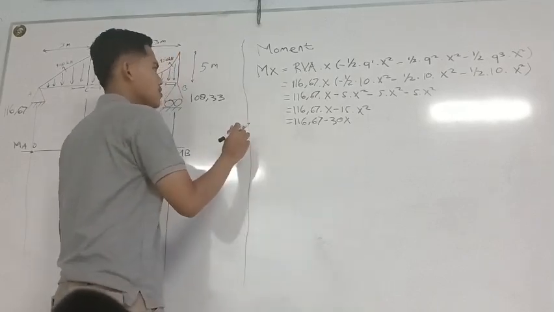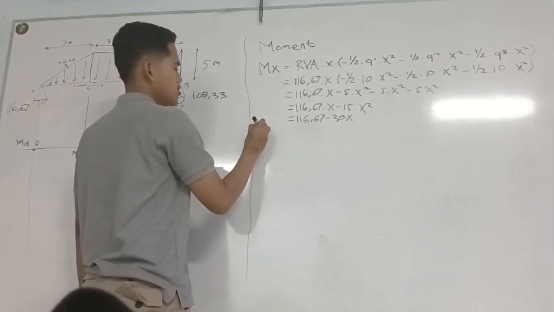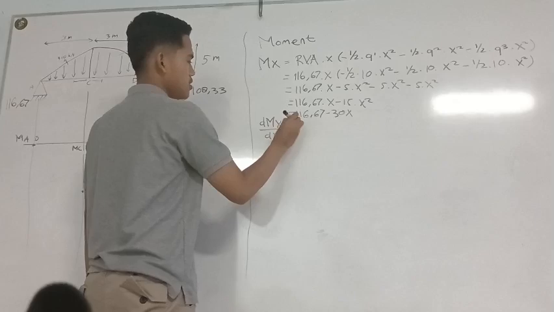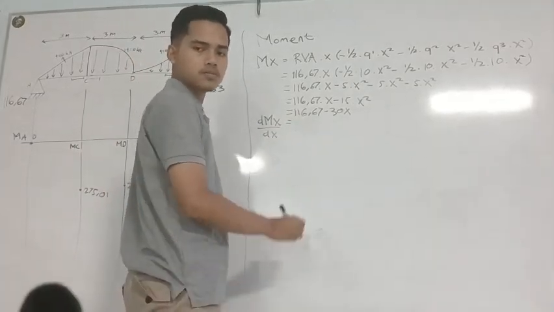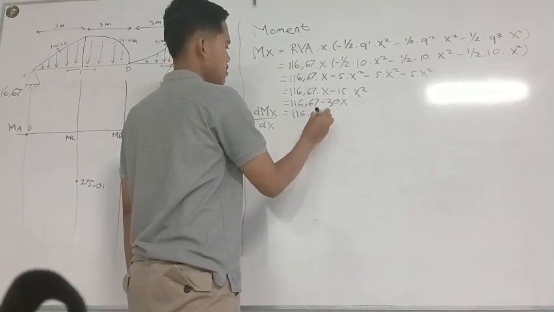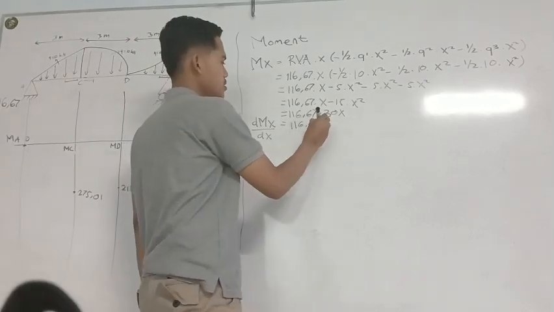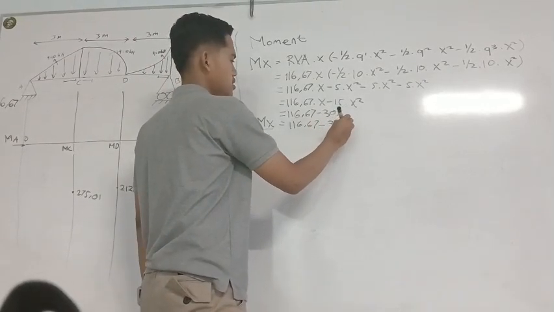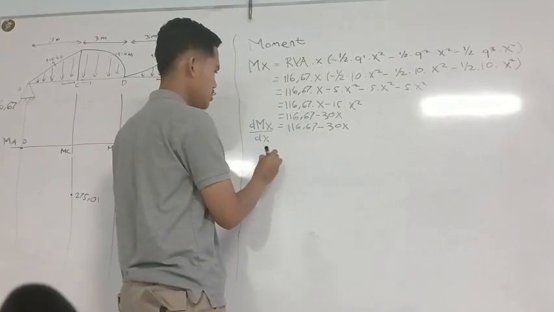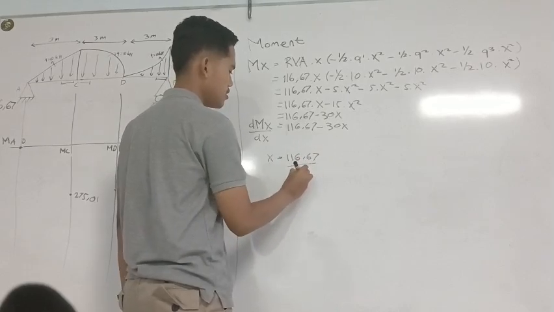And then we have to calculate the distance of Mx. So dMx per dx equal to 116.67 minus 30 times x, and then x is 116.67 per 30.